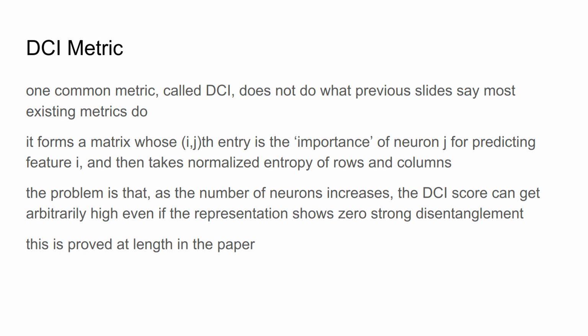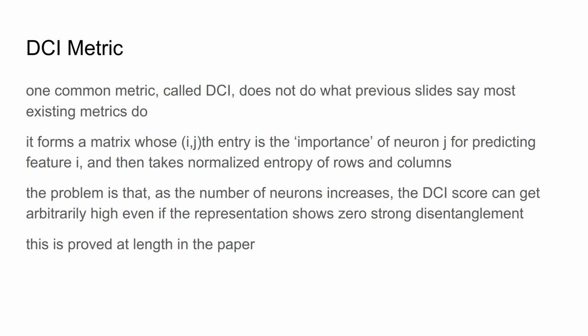So the previous problems don't apply to it, but something similar to the difference between independence and pairwise independence does apply. And that similar thing is that there can be a set of neurons that represent a factor well, but none of them individually represent the factor well. So the representation has zero strong disentanglement, in that there's no single neuron that represents the factor well.